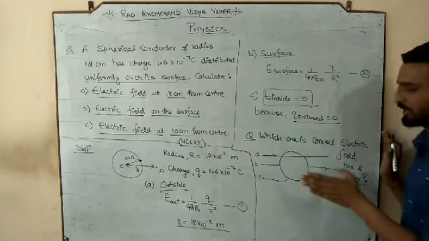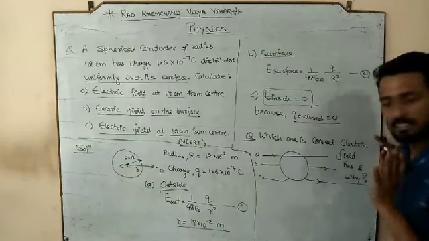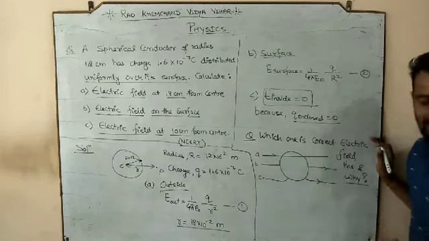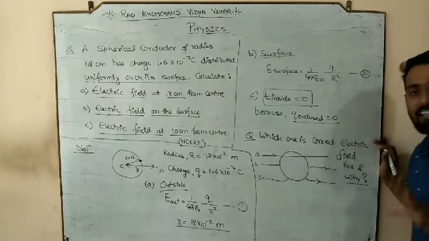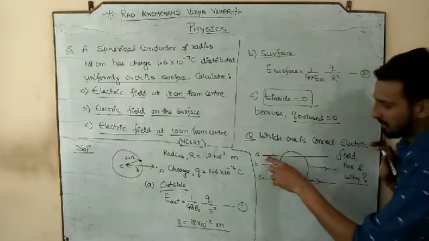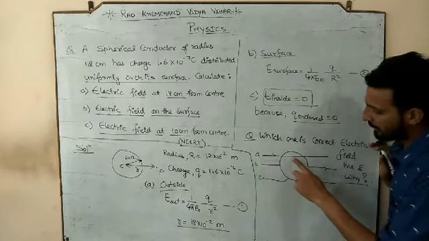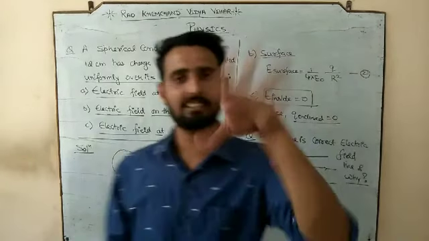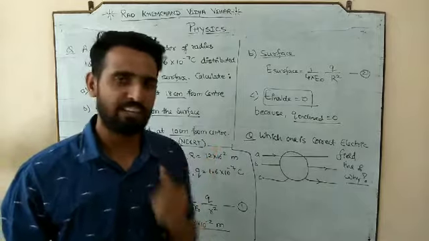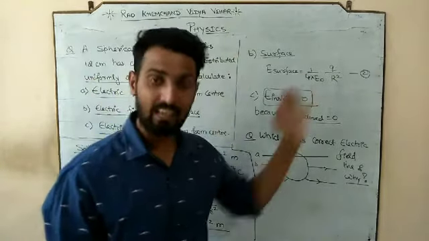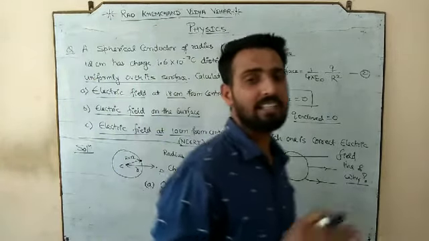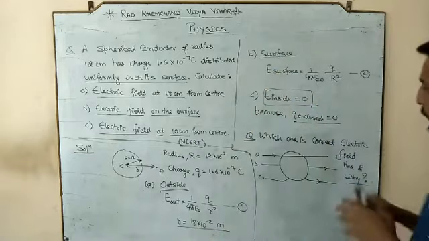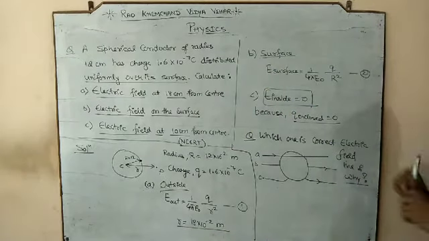So first of all, I think A can't be the correct option because we have the electric field outside the body, but in A, he is also drawing the electric field inside the body. We have studied that inside the body the electric field is always 0. So A can't be the answer.